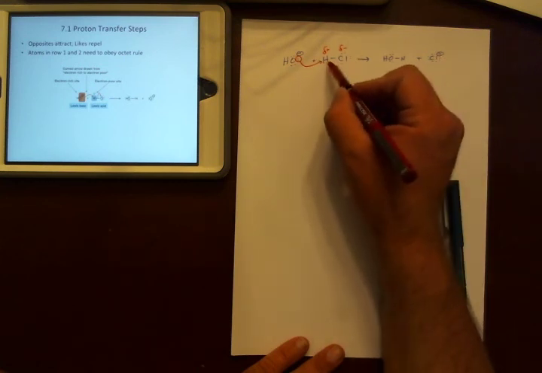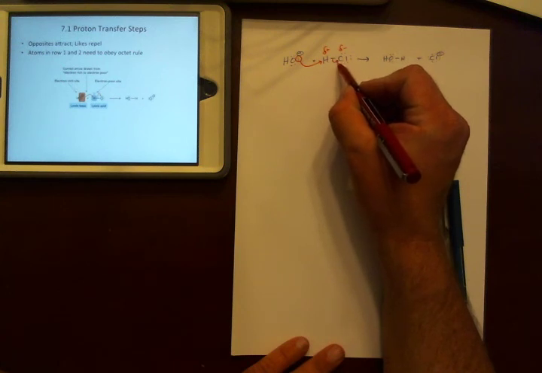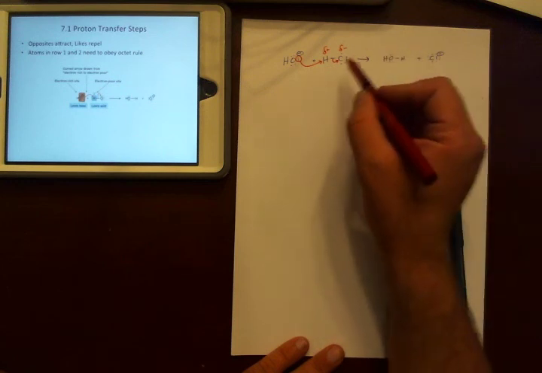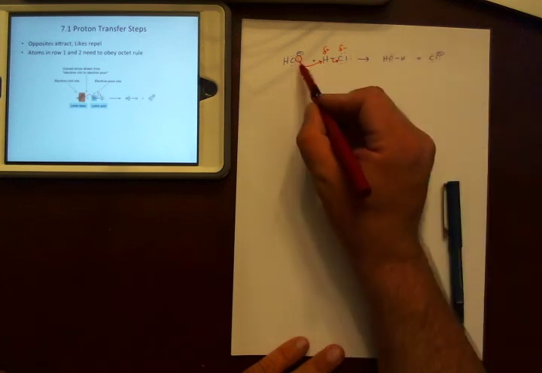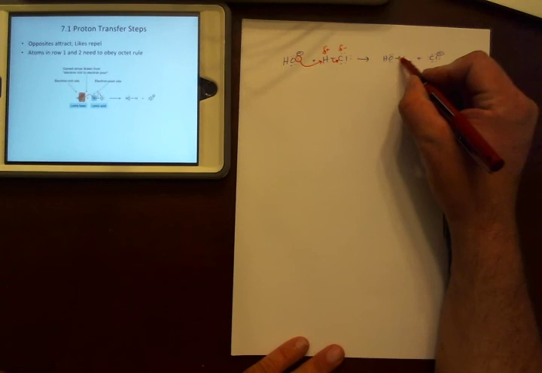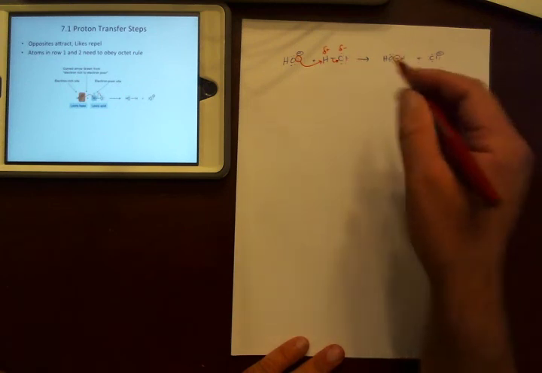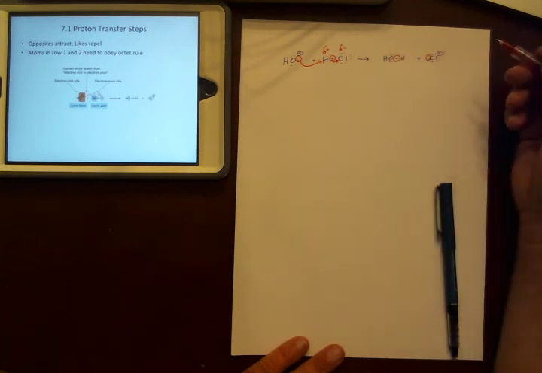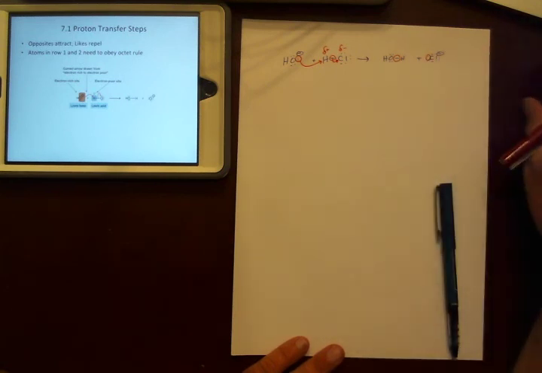It's going to be attracted, but the hydrogen only needs one bond, so these two electrons are going to get pushed onto that chlorine. So this set of lone pairs becomes that bond, and this bond becomes this extra set of lone pairs. This is the same stuff from chapter 6.